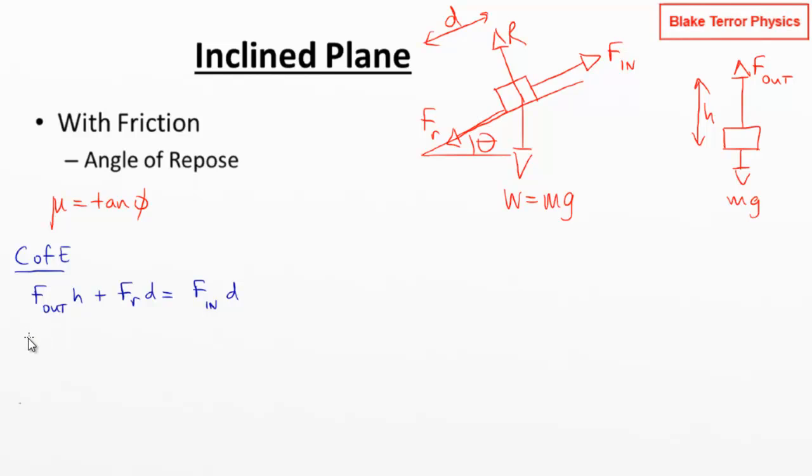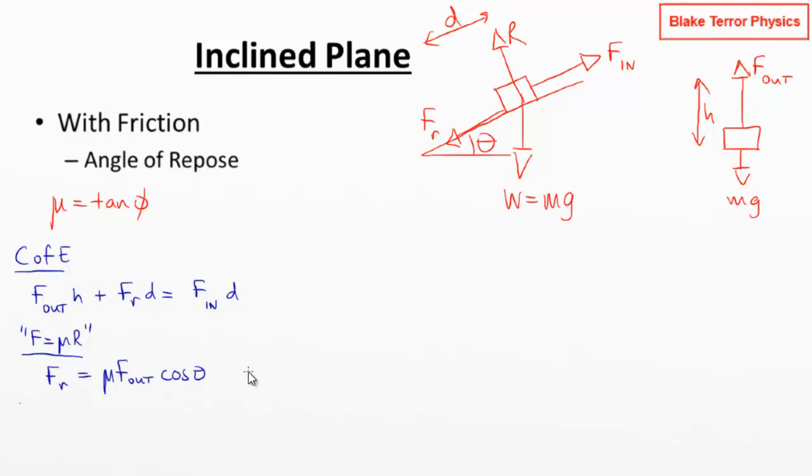We can then look at F equals mu R and say that our friction is going to be equal to mu R, which is mu mg cos theta. And mg is our F out. So mu F out cos theta. We can now sub this into the top equation.